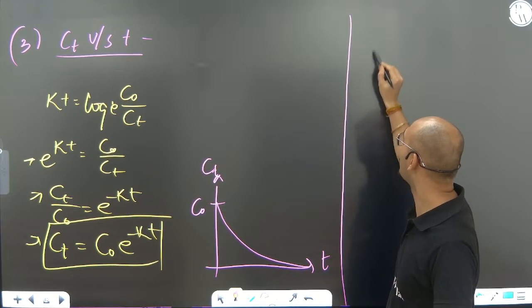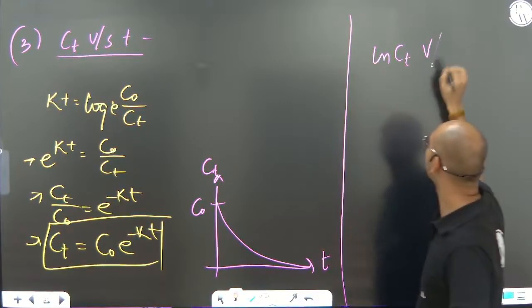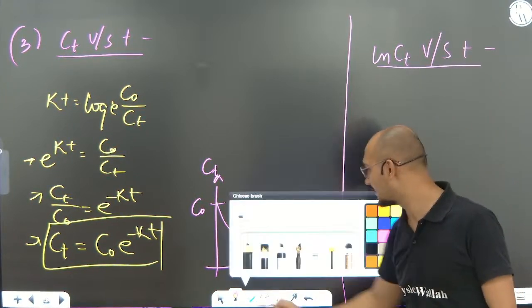But they sometimes ask you some other thing, like ln of CT versus time. How do you say ln of CT versus time?